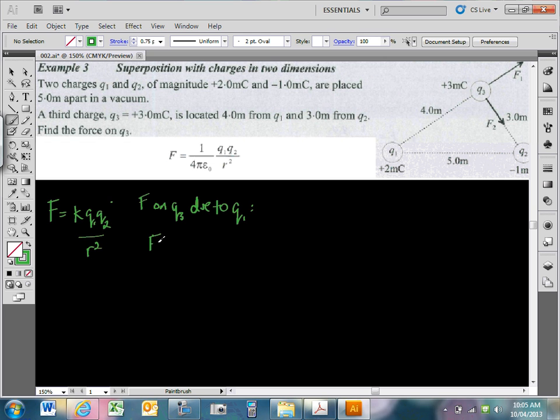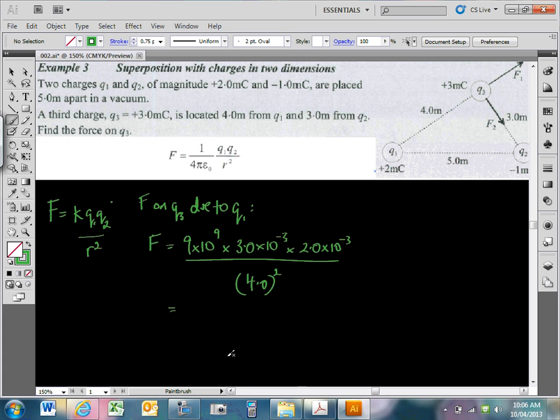So force on Q3 due to Q1 is equal to 9 times 10 to the 9, of course, times the charge of Q3 first, which is 3 millicoulombs, 3.0 times 10 to the minus 3, times Q1, which is 2.0 millicoulombs, over R, the distance between them squared, 4.0 squared.